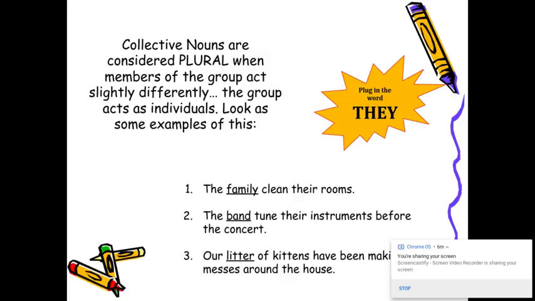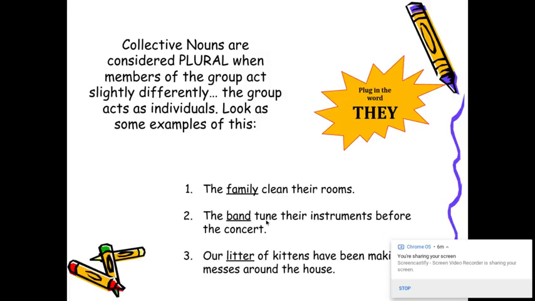Like my daughter may be picking up toys in her room. Well, I don't have toys in my room to be picking up. So cleaning up my room may be gathering laundry or vacuuming. So if we were all to go clean our rooms at the same time, we would be doing slightly different actions. We're all cleaning, but there are individual things that we're going to be doing differently in our cleaning.